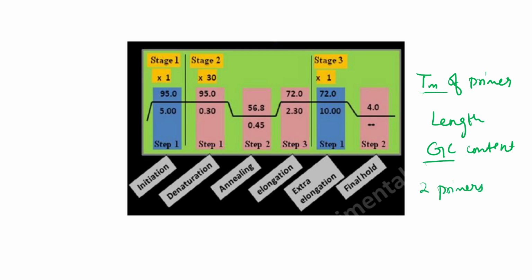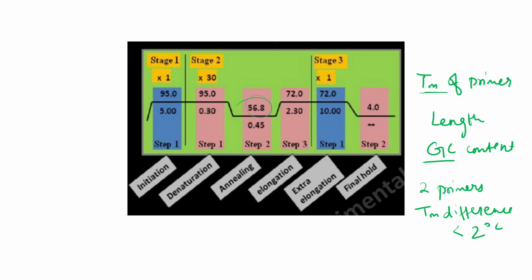As you know, we use 2 primers. The Tm difference between the 2 primers should not be more than 2 or 3 degrees Celsius, should be less than 2 degrees Celsius, so that both of the primers can anneal to each strand at the same temperature.